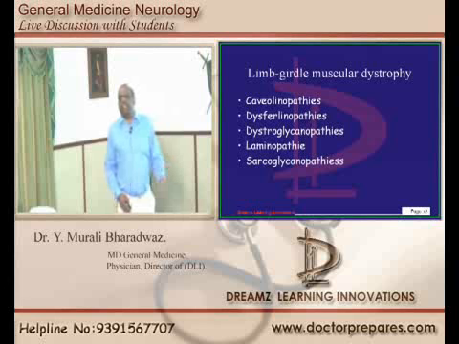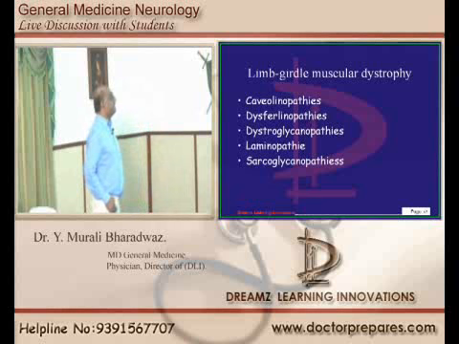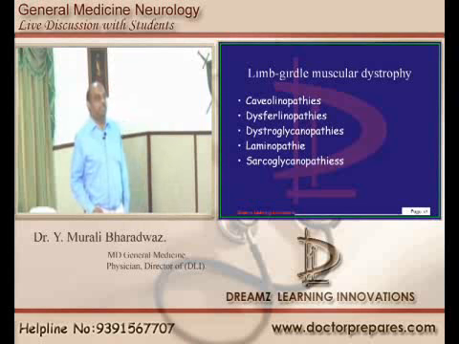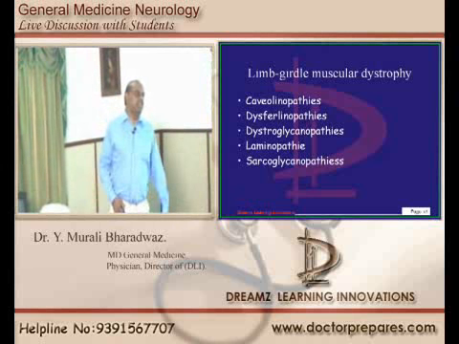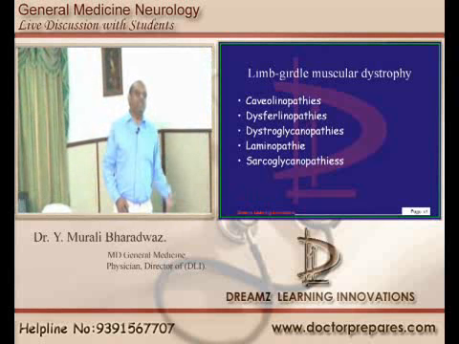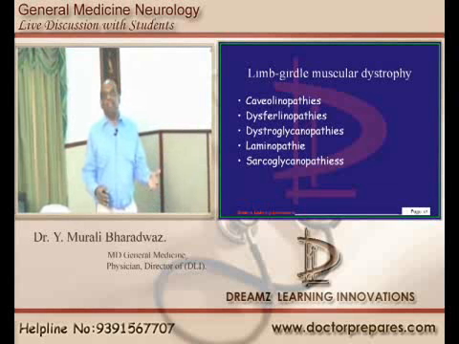In turn, there is a classification of the limb girdle muscular dystrophies as caveolinopathies, dysferlinopathies, dystroglycanopathies, laminopathies, sarcoglycanopathies, and so on. Finally, you need to remember too many pathies, and you will forget the original pathy. So be very sure, don't go into an Olympic race of memorizing things.